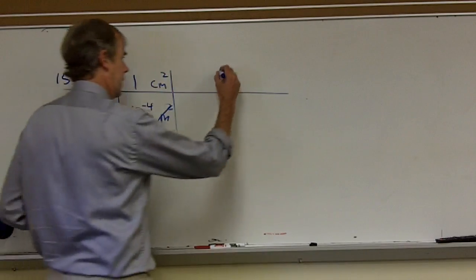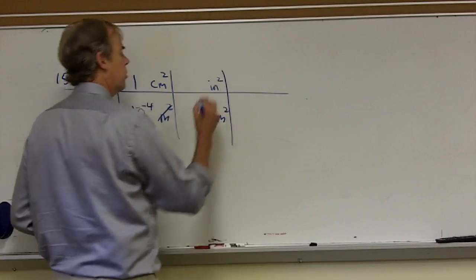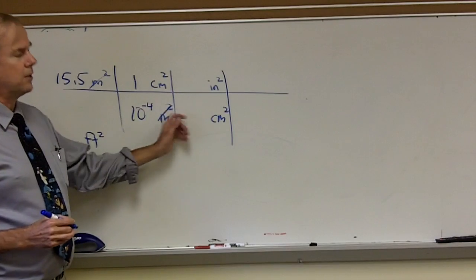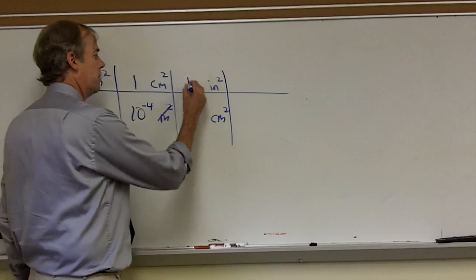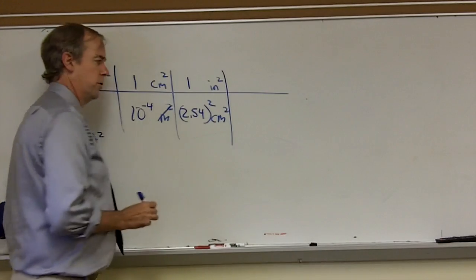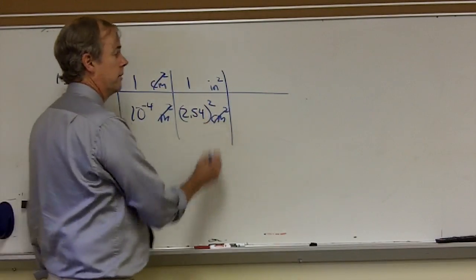On to the British side. I tread boldly across the bridge. No greasy spot for me today. And of course, 1 inch equals 2.54 centimeters, but we should make sure to square that 2.54 when we divide by it. Centimeters squared cancel.